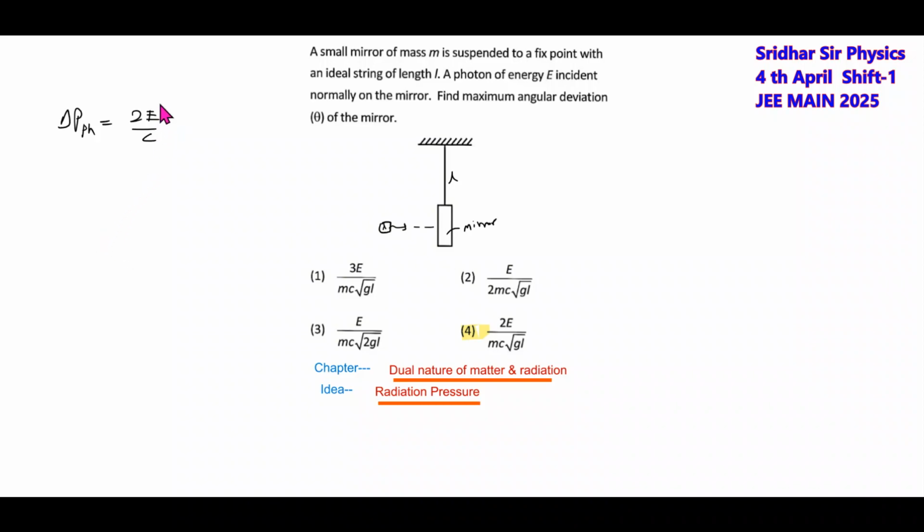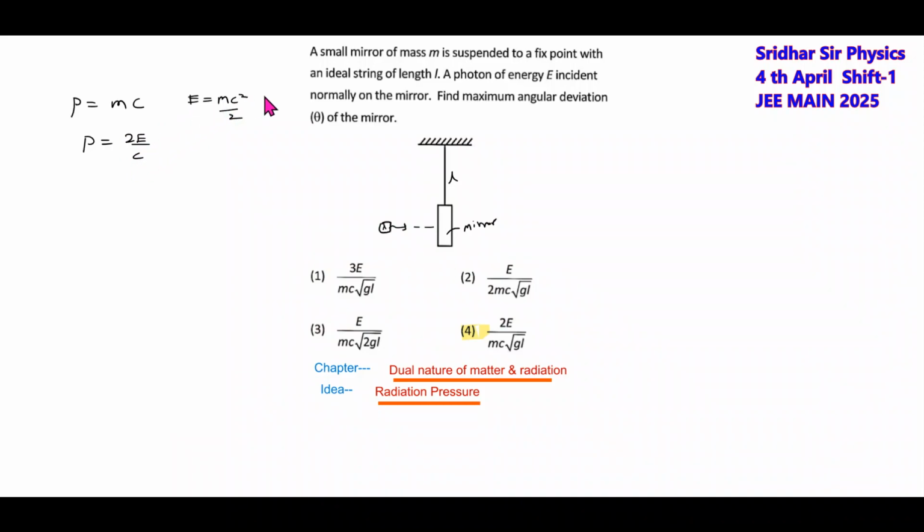Okay, sir, not understanding anything, please explain clearly. So we'll do one thing. How do you write momentum? Mass into velocity, so m into c. Kinetic energy equals m c squared by 2. So we can write here 2E by c.